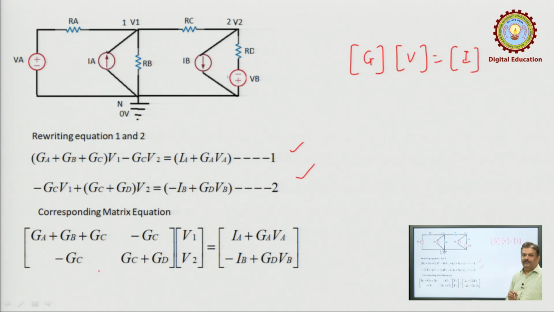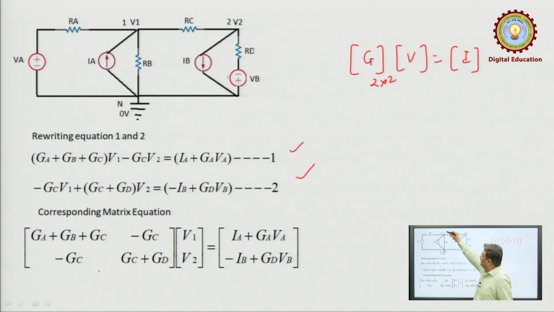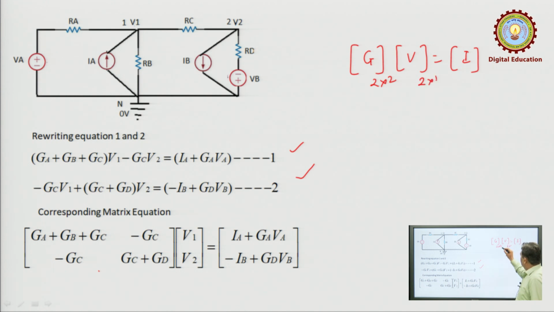in matrix form. Now, since there are 2 independent nodes, you can see the order of the conductance matrix is 2 cross 2. There will be 2 unknowns, V1 and V2. So, the order of the voltage matrix is 2 cross 1, and since the number of columns in the first equals the number of rows in the second, the resulting matrix is a current matrix of the order 2 cross 1.